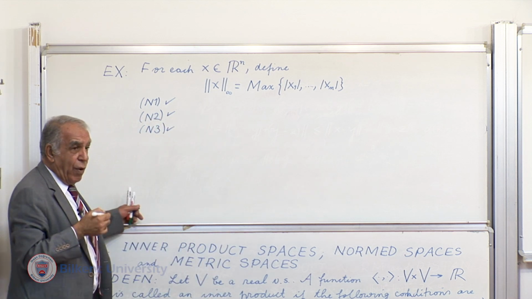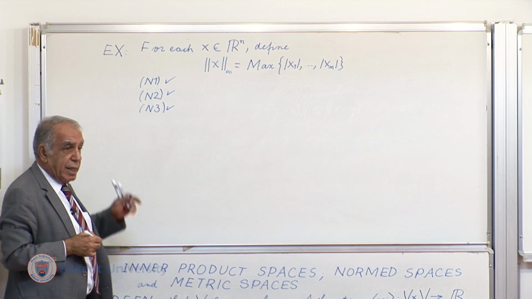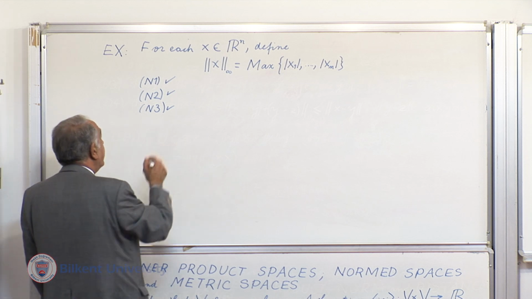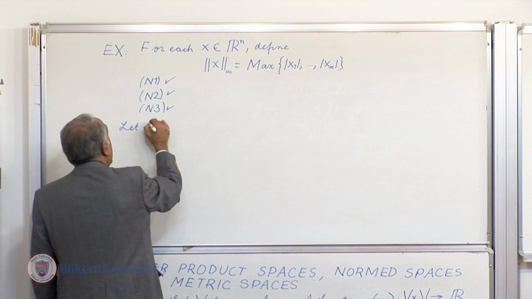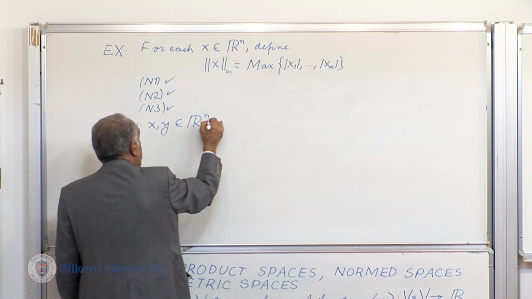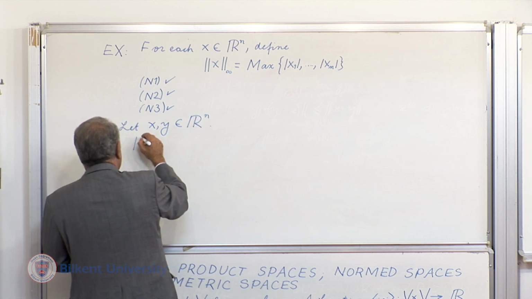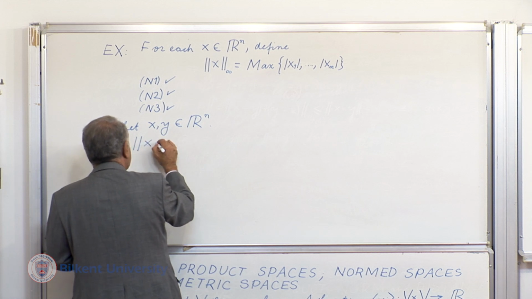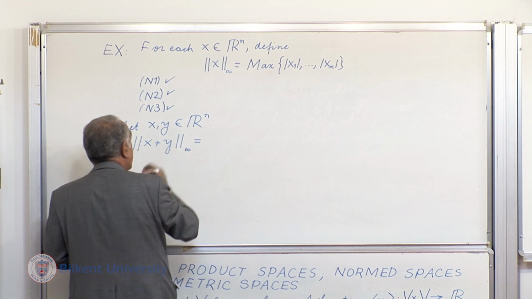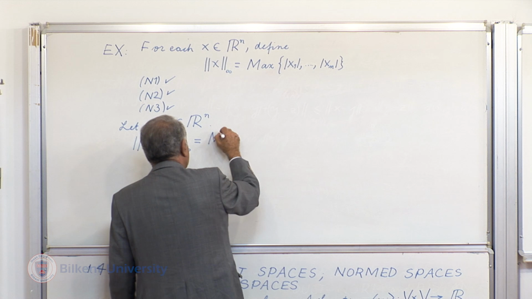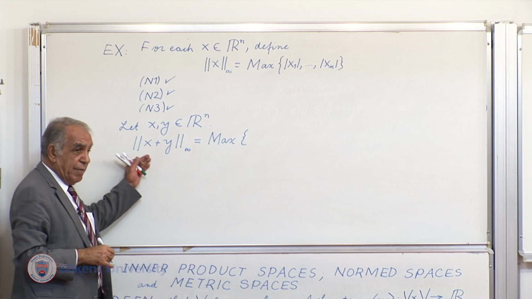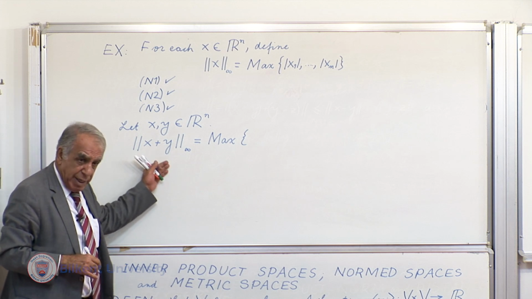Now it is N4, which is also easily seen to be satisfied, but let's go through that. Now let x, y be two vectors. Now, this is equal, by definition, to the maximum of the absolute values of the components of x plus y.